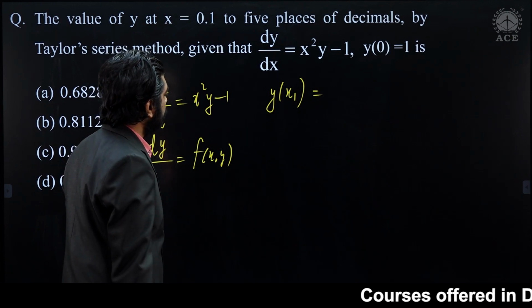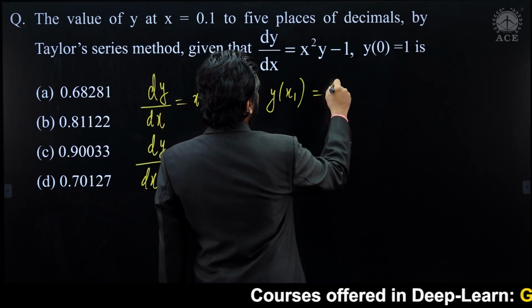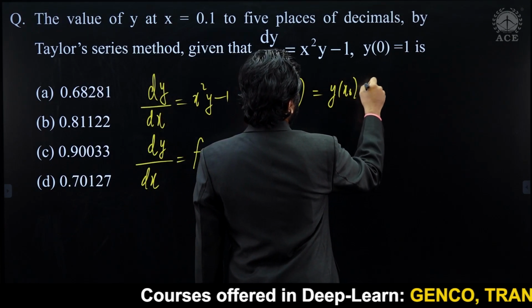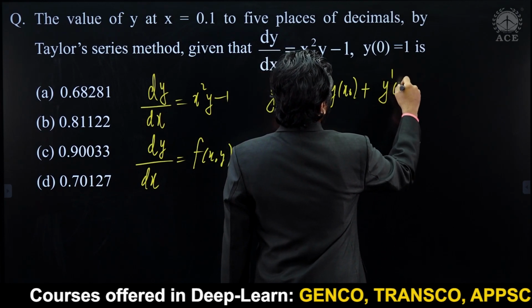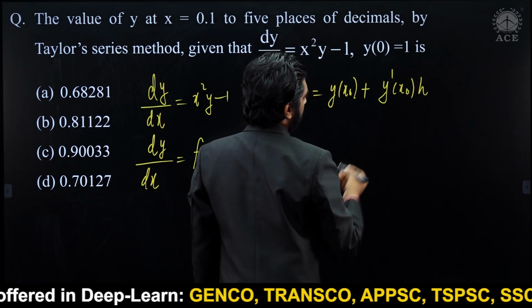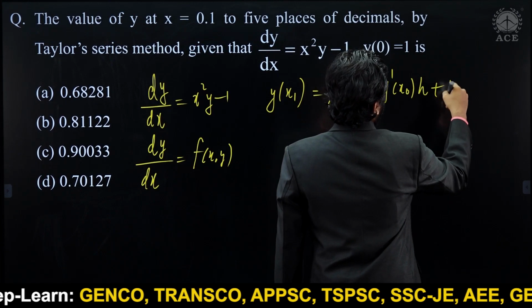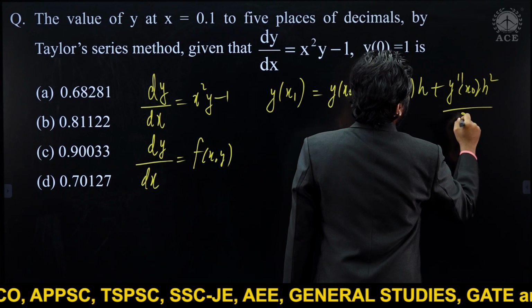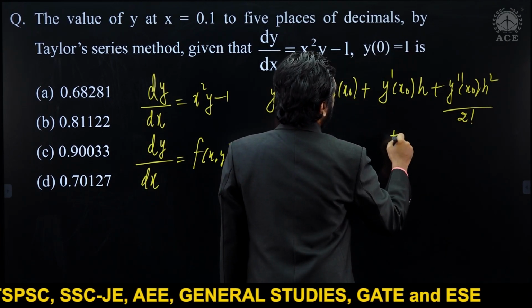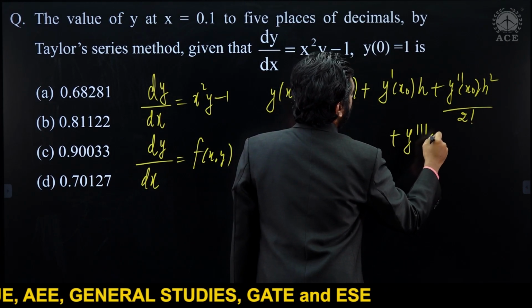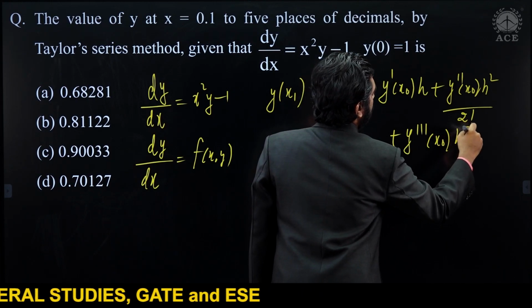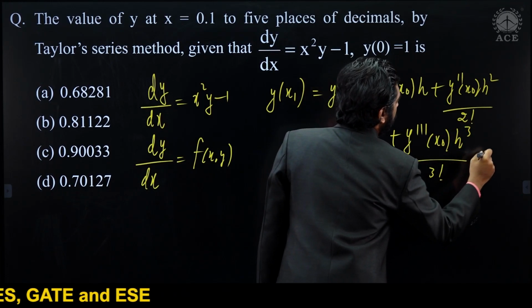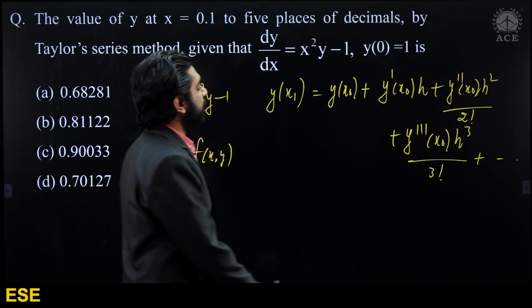Using a Taylor series, it would be y of x naught plus y dash of x naught into the step size h by 1 factorial, plus y double dash of x naught into h square by 2 factorial, plus y triple dash of x naught into h cube by 3 factorial, and so on. This would be the Taylor series.